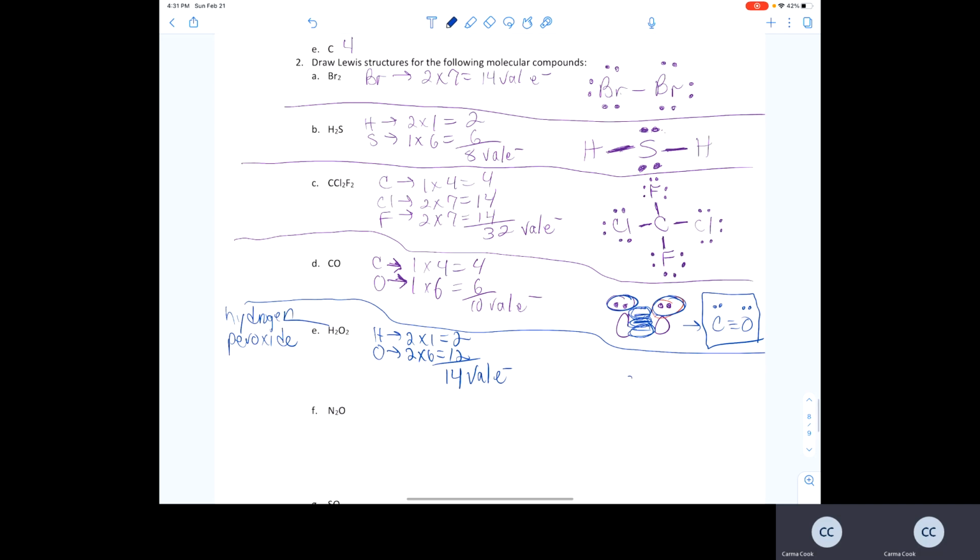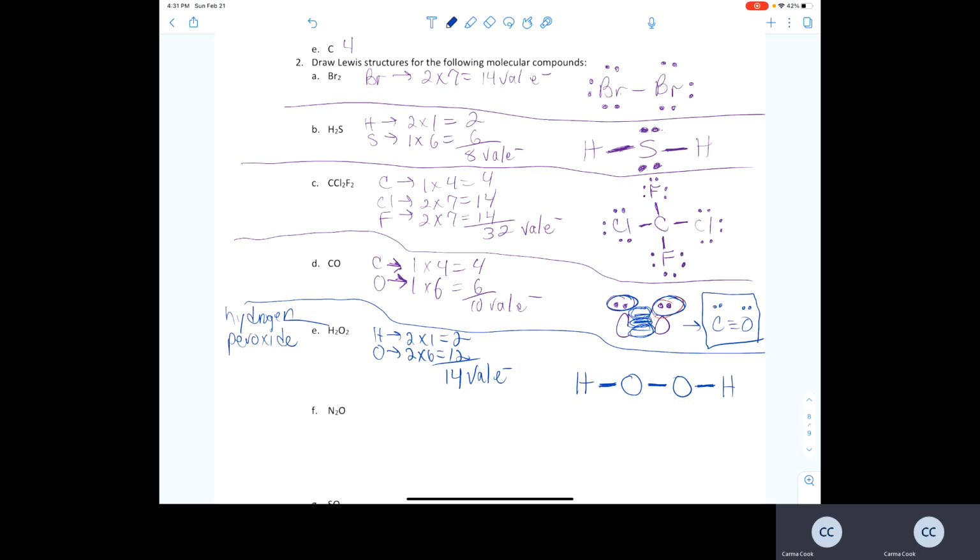So we'll put the oxygens in the center because the hydrogen can never be in the center. Hydrogen always has to be on the outside. So I've connected the hydrogens and oxygens together using 3 single bonds, each with 2 electrons. So I've put in 6 of my required 14. Hydrogen's happy with just having 2 around it.